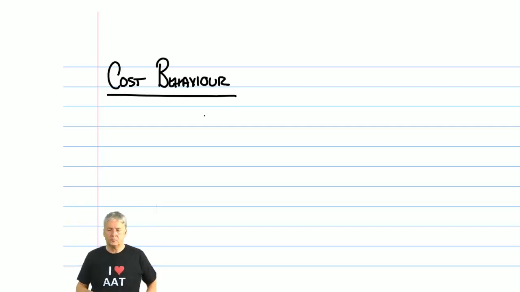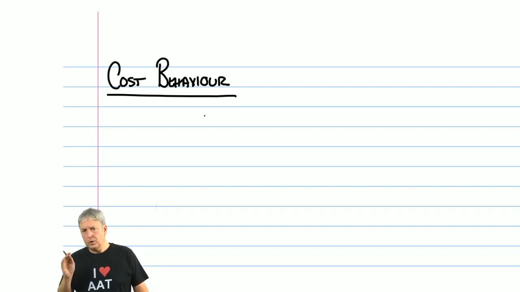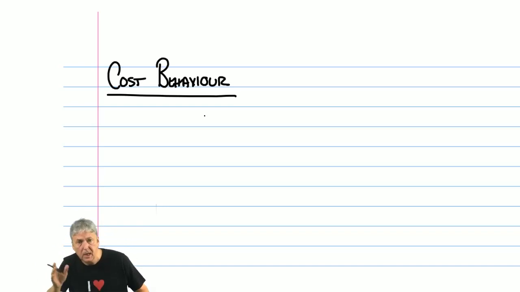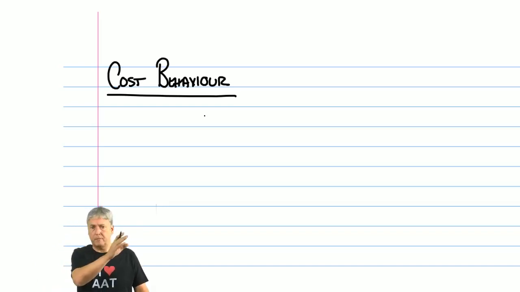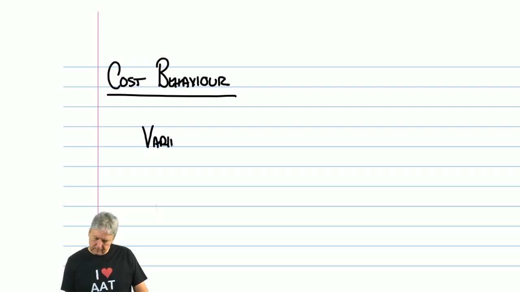Right. Is we want to focus on two key distinctions. We can get more sophisticated, and you will do when you get to level 3 and level 4. But all we want to look at this level is the variable cost and the fixed cost.